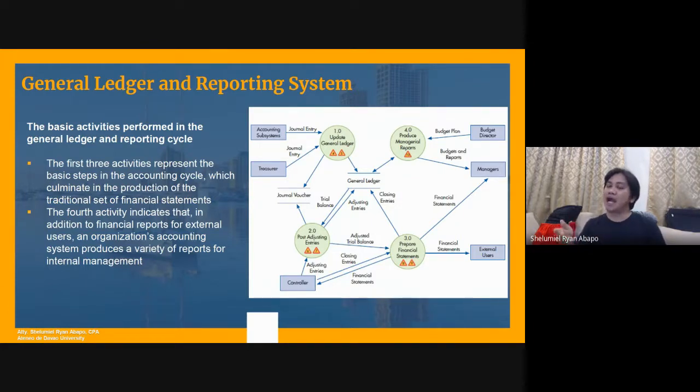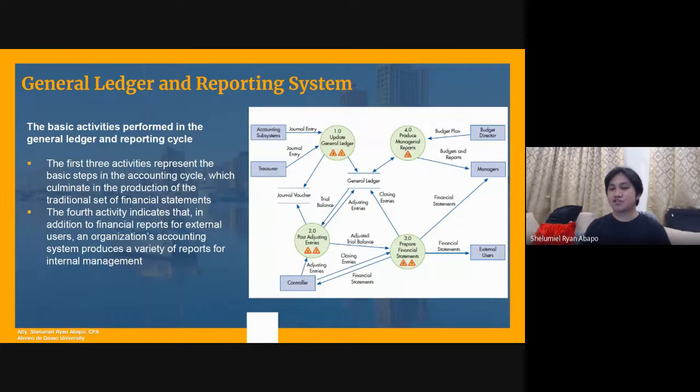Yun nga lang, meron siyang information na kinukuha sa ibang sources or ibang tables. For example, sa financial statements natin, hindi naman natin sinesegmentize yung net income sa statement of comprehensive income. We just show the overall operating income and the net income of the company, diba? As a whole, as an entire organization.